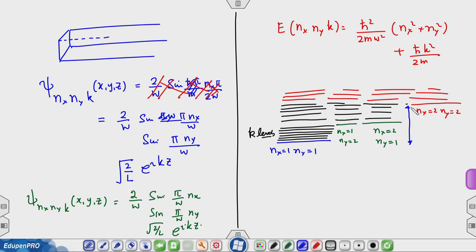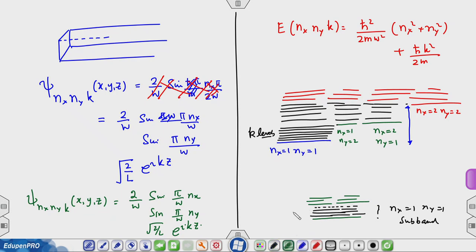Now, technically what these are known as are sub bands. So, what you have is these levels, one band, then this band, they start getting filled. So, I am saying that first I fill the n x equals 1, n y equals 1 sub band, and after that if I fill it up to the level where the energy becomes equal to n x equals 2, n y equals 1 or the other degenerate level, then I start filling both the levels.